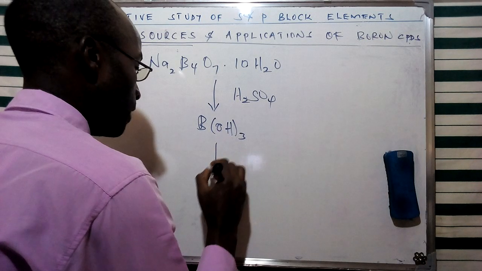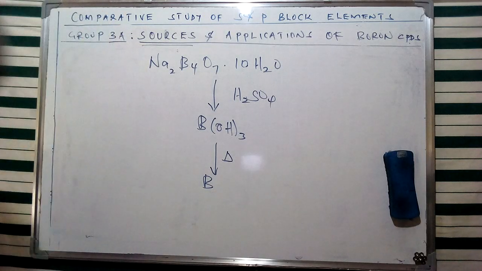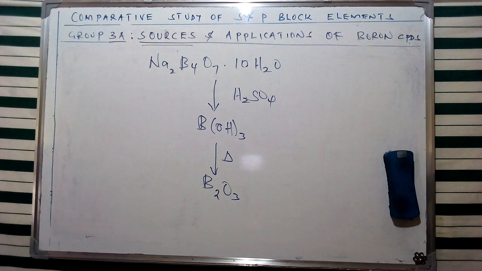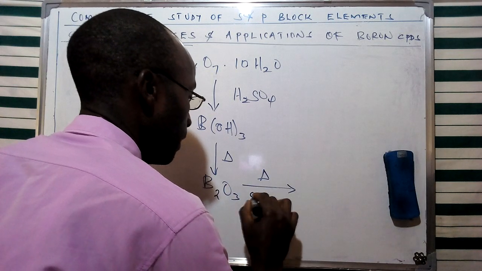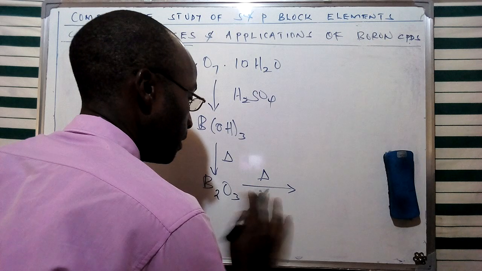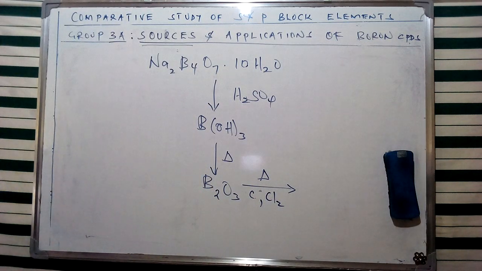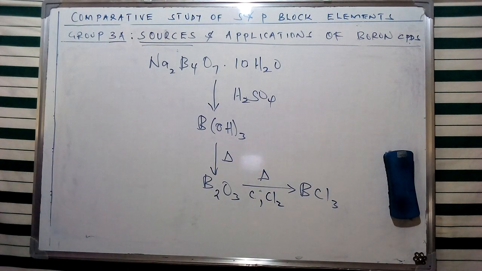If this boric acid is heated, we see that it forms an oxide given as such. And if this oxide is heated under carbon, reacting with chlorine, this forms what we refer to as a halide. So we have that specific halide being formed as such.